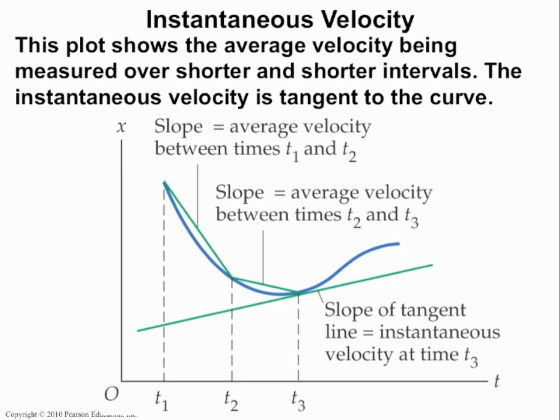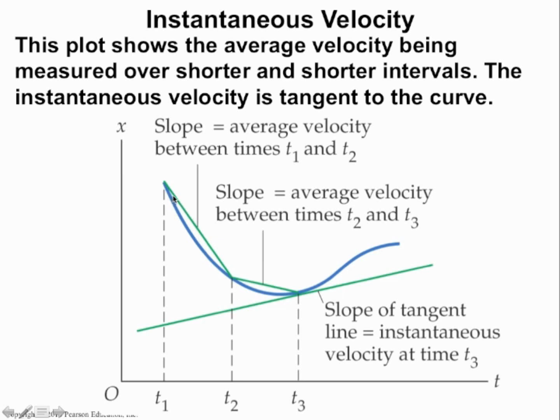Now, the reason we're talking about average velocity here is because, as you can see, the blue line is curved, whereas the green line is straight. And so we speak of slope when we're talking about a straight line. And so what we're talking about here, if you look at t1 and t2, between t1 and t2 we have a curved blue line and a straight green line.